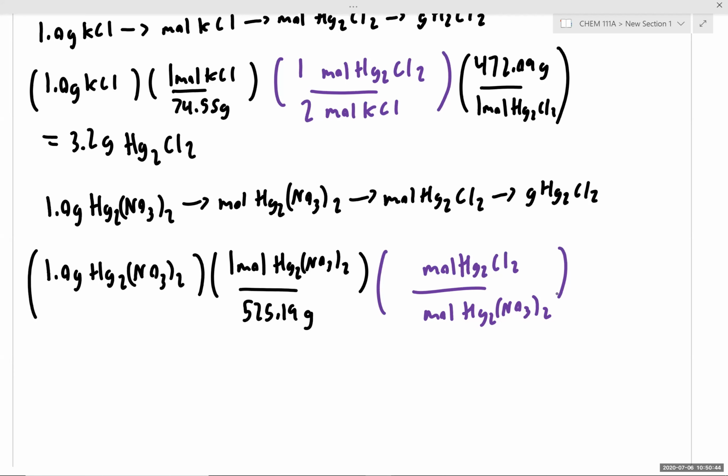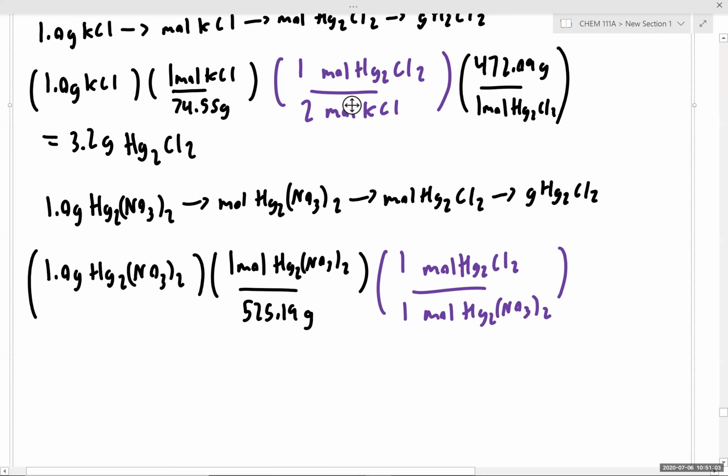What's the mole to mole ratio between mercury 1 chloride and mercury 1 nitrate? 1 to 1, exactly right.